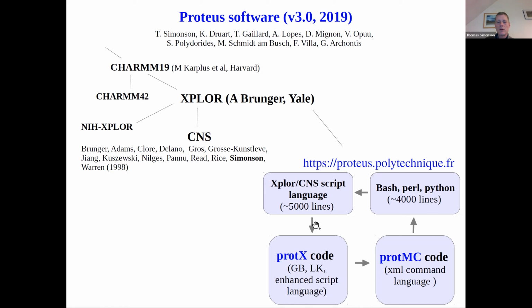There are a lot of macros written in this Explore CNS script language. These are like little macros, thousands of lines of them. And then there are Bash, Perl, and Python layers that are usually up above these layers here. And Bash, we really expect this to run in a Linux environment.